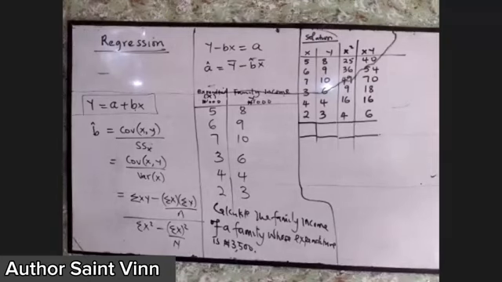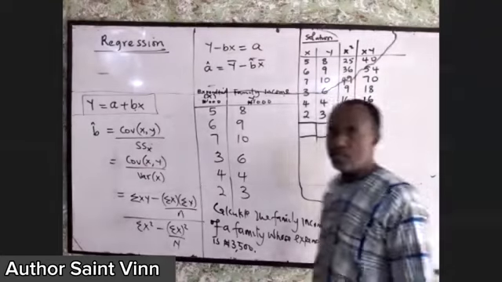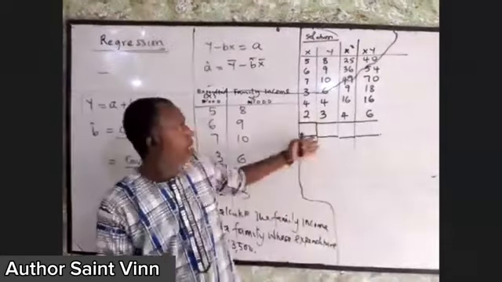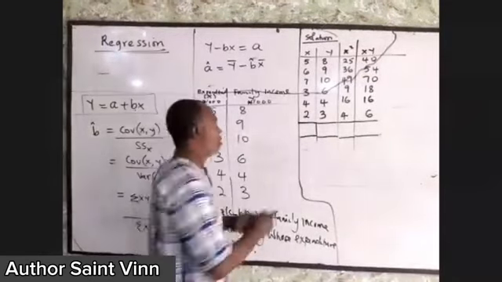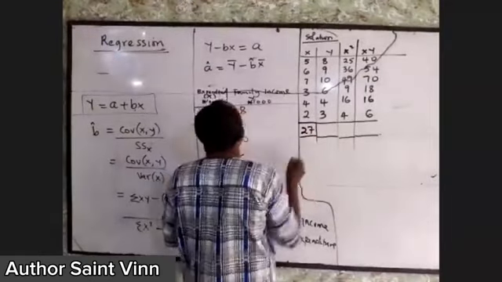It's just to know the formula, and you are there. Let's say the total. This is 27. Good.